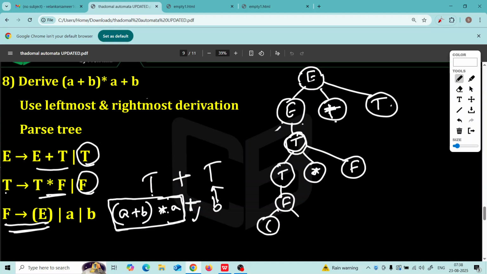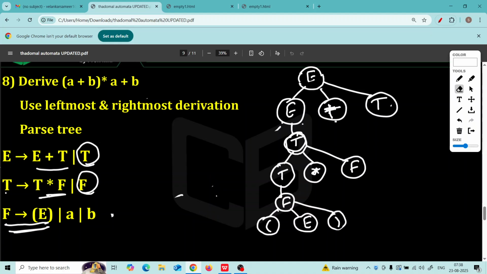Open bracket, E, close bracket. Oh, I'm so close. Close bracket. Correct? See, we are gradually getting the string that we want, isn't it? Okay, but we are using only valid productions. Now, what are we successful till now in generating?